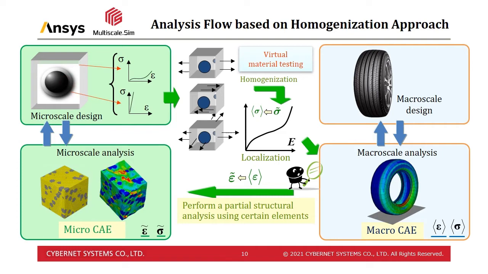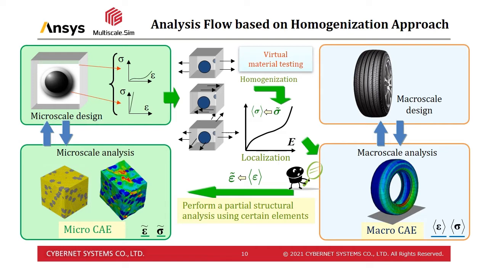In the first step, we make a microscale model for the composite material. Here, only a typical region of the microstructure is extracted as the micro model. Subsequent analysis assumes periodic symmetry conditions for the micro model in all directions.